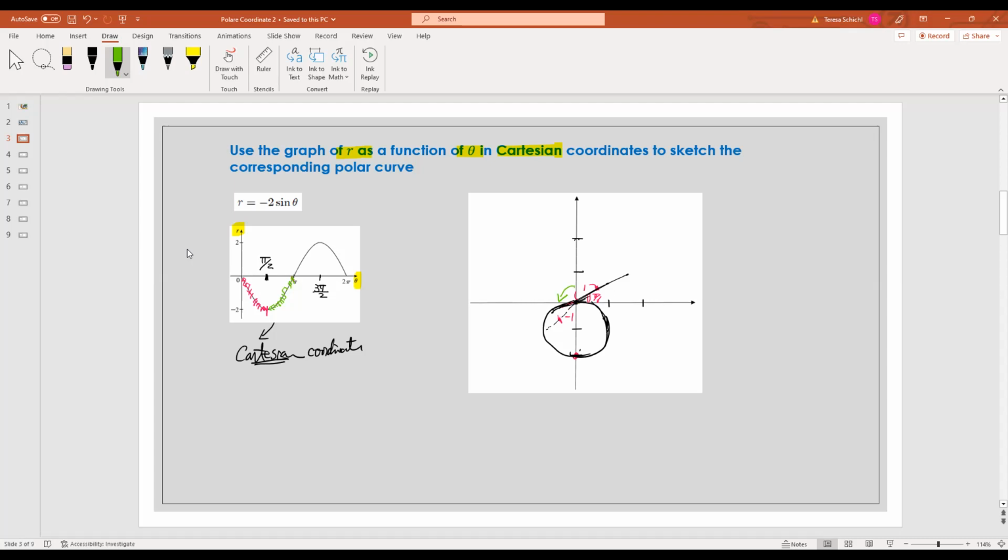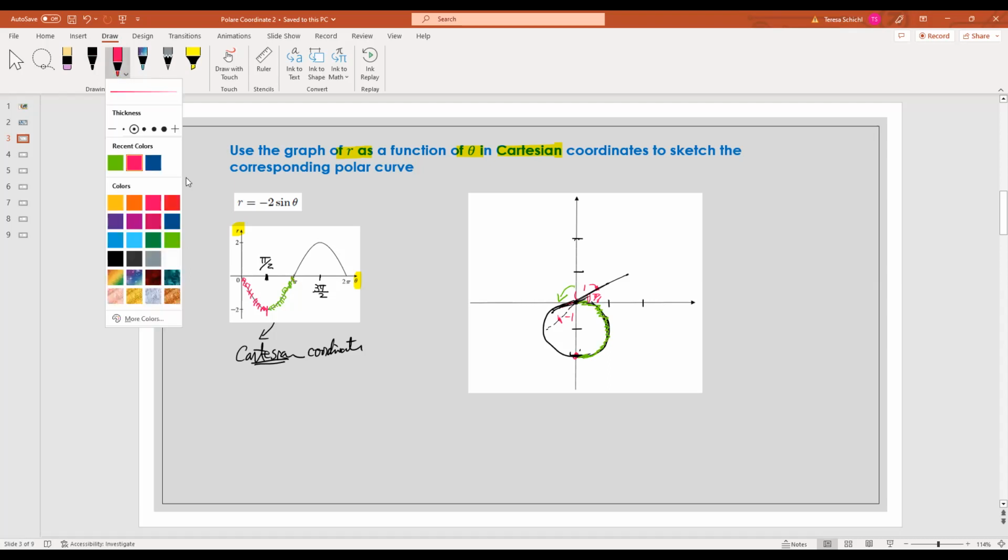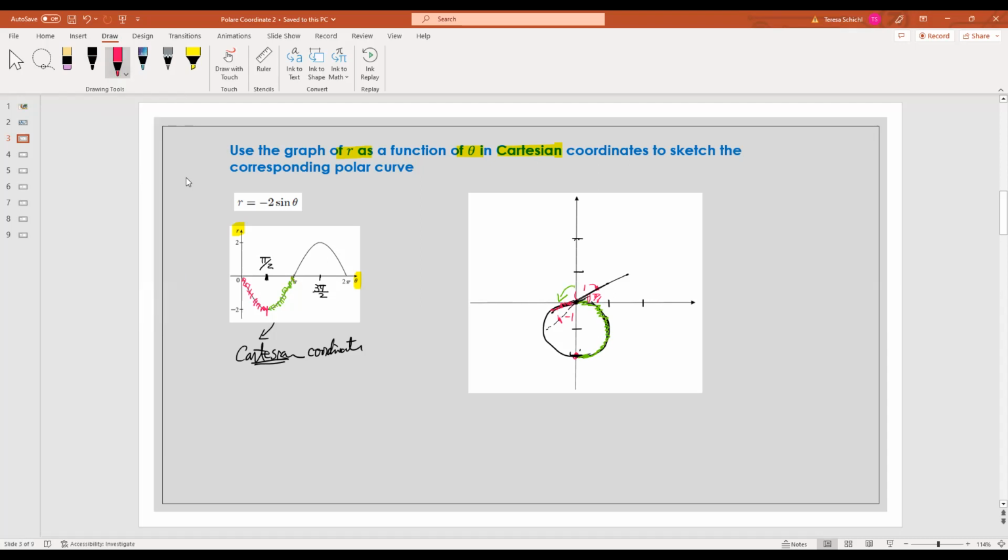So this green segment is really switched to this one here, and this red is going to get over here.